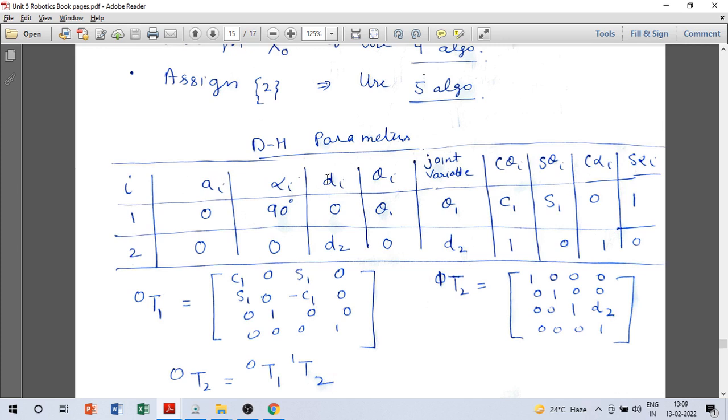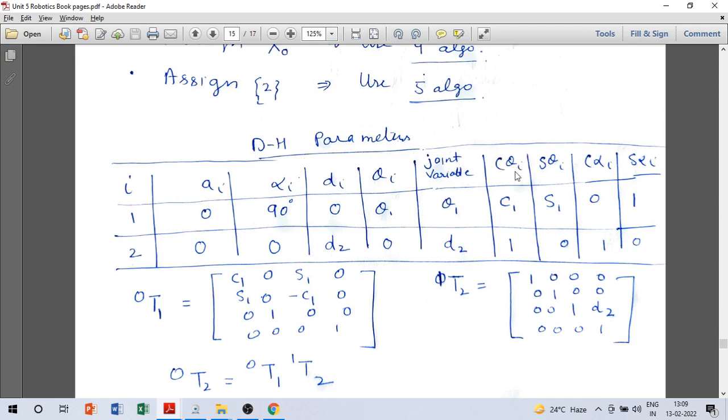We will have to write those values ai, alpha i, di, theta i by looking at our frames. We can also include a column for the joint variable corresponding to each joint. For a revolute pair, theta is going to be the variable, and for a prismatic pair, d is going to be the variable.